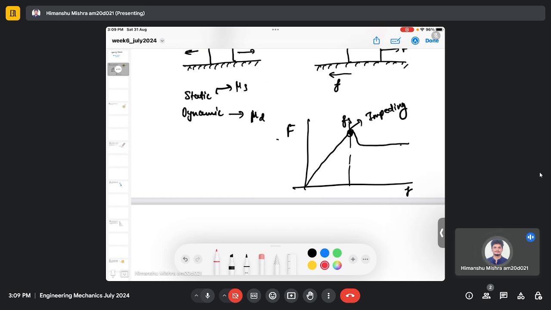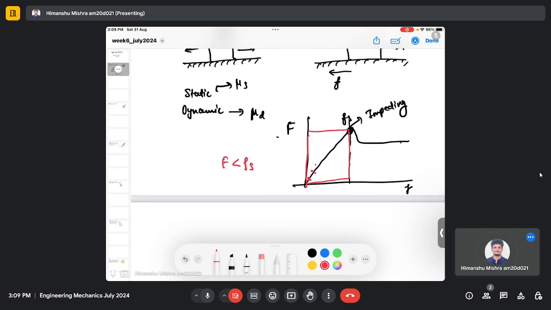Now let's say you start applying the force F to the body such that your force F is less than the maximum friction force. Then the body will be in equilibrium because your applied force is less than the maximum friction force, therefore the body will not move. So this is this region. You keep increasing the force until your applied force becomes equal to the maximum friction force, which happens at this point.